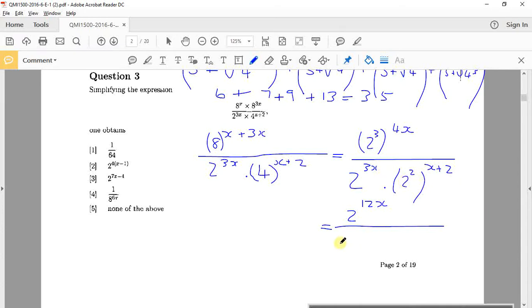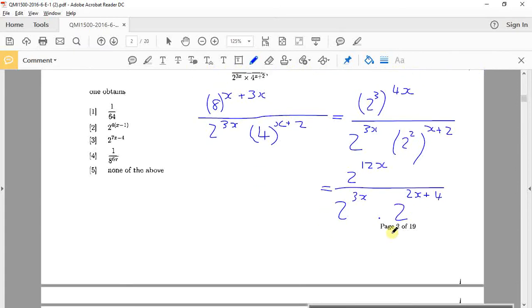This needs to be multiplied out. So this will be 2 to the 3x times 2 to the 2x plus 4. Multiply out. Yes.